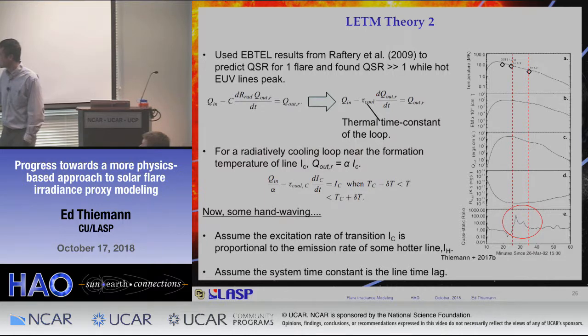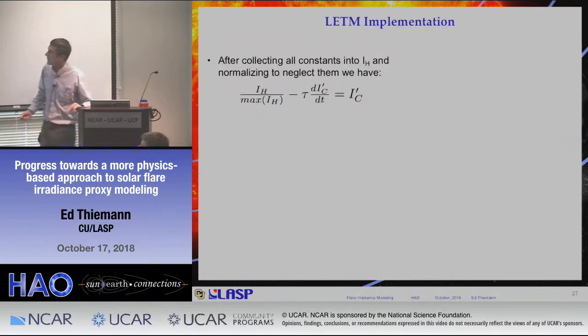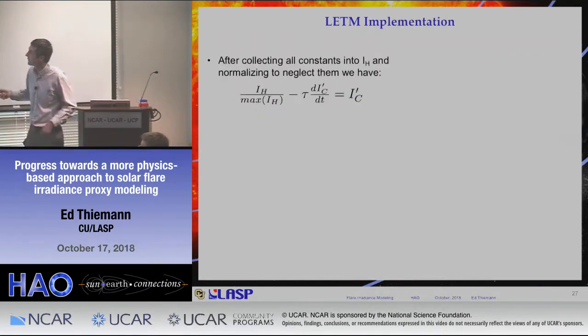And then we're also going to assume that since we're now relating two hot EUV lines, that the system time constant is equal to the line time lag. And so after we collect all our constants into the intensity of a hotter line and the intensity of a cooler line, we can normalize it by the intensity of the hotter line, and all of the other proportionality constants fall out.